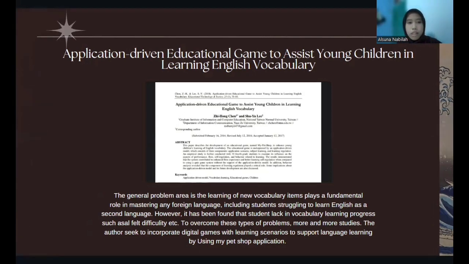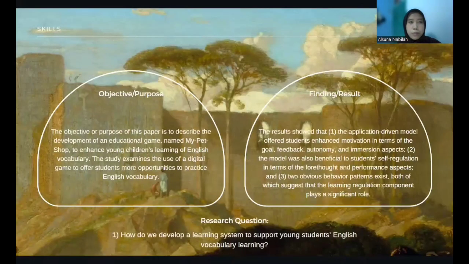The objective and purpose of this article is to describe the development of an educational game named My Pet Shop to enhance young children's learning of English vocabulary. The study examines the use of digital games to offer students more opportunities to practice English vocabulary. The research question is, how do we develop a learning system to support young students' English vocabulary learning?